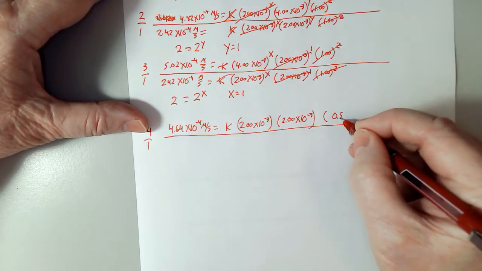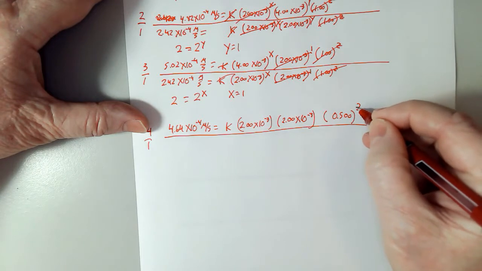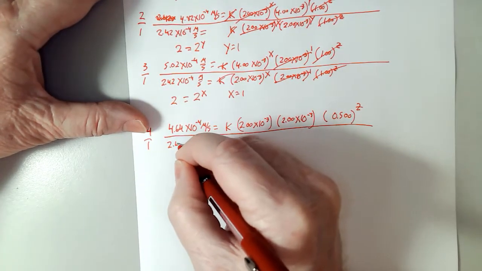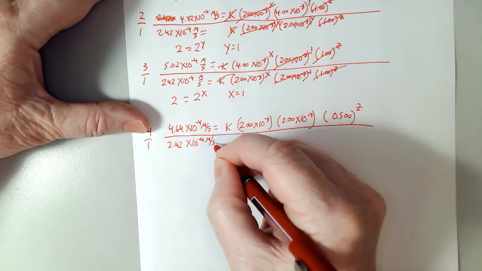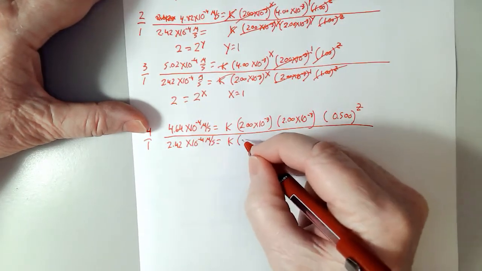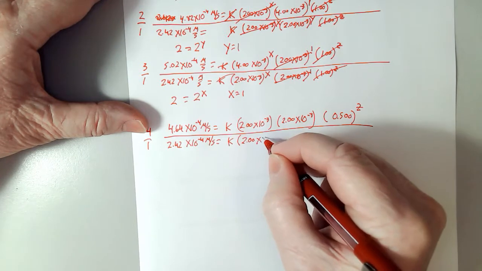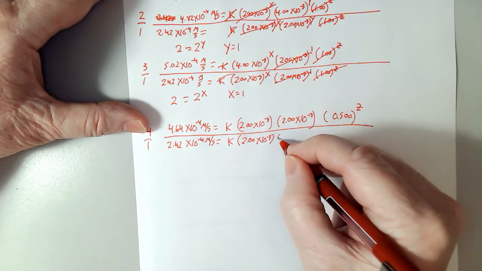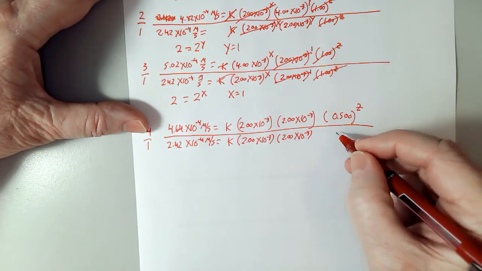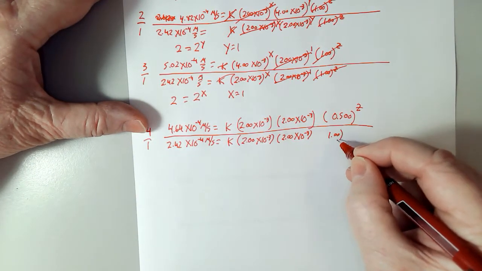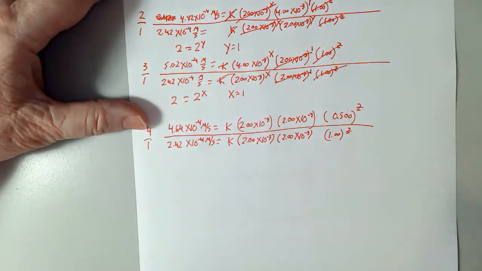And 0.500 raised to the z. Over 2.42 times 10 to the negative 4th molar per second is K. 2.00 times 10 to the negative 3rd, 2.00 times 10 to the negative 3rd, and 1.00 raised to the z.